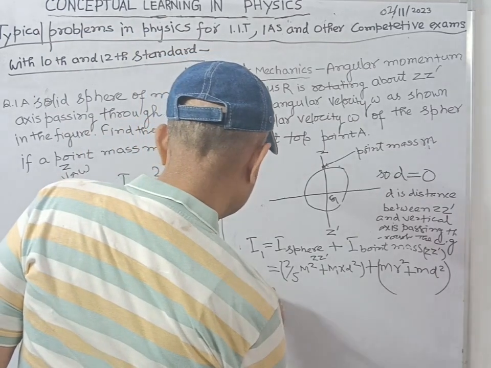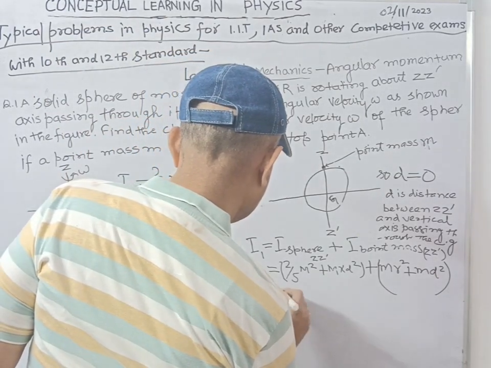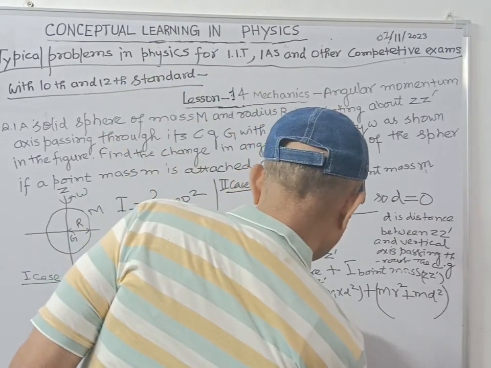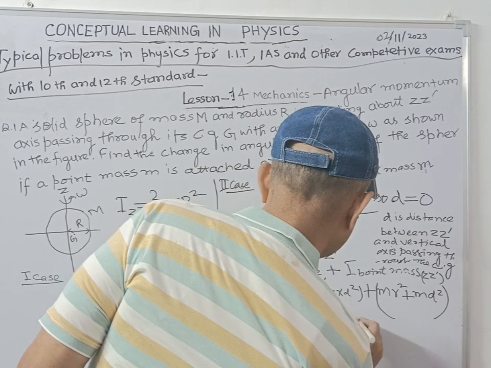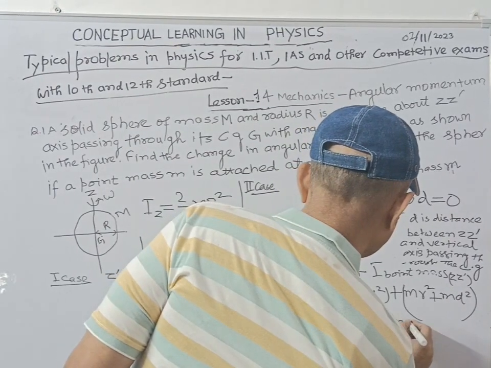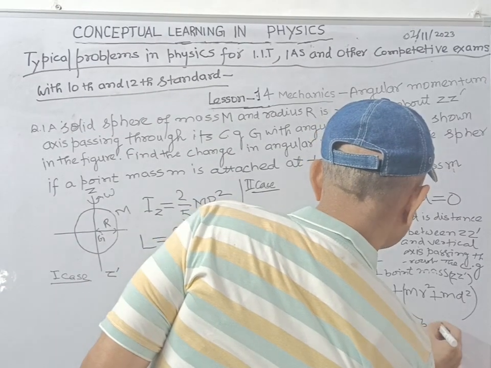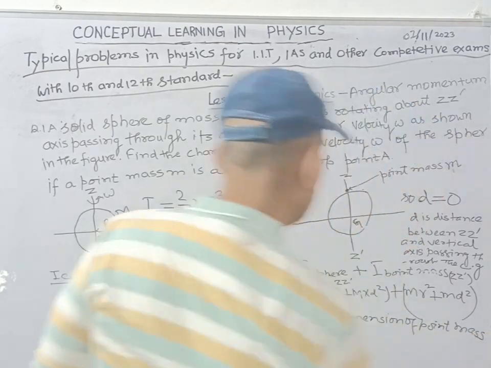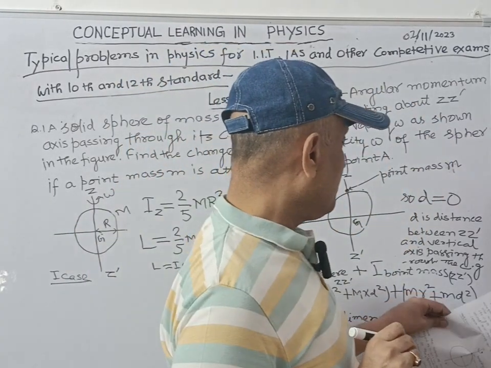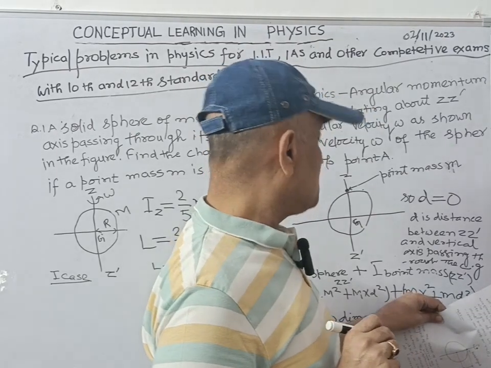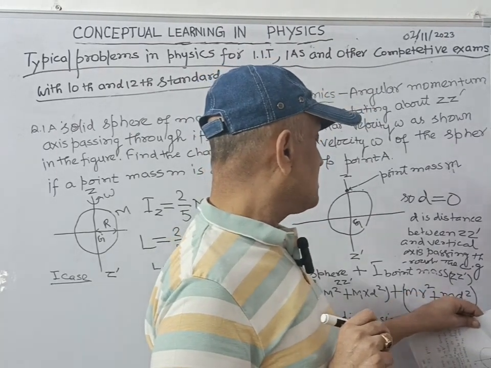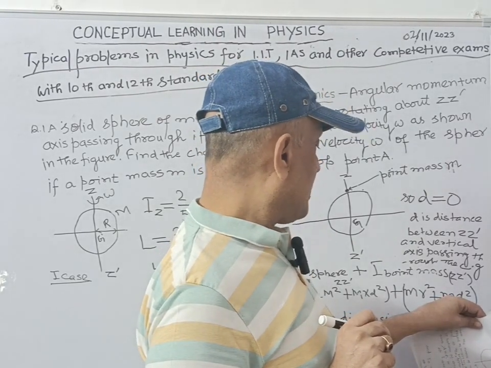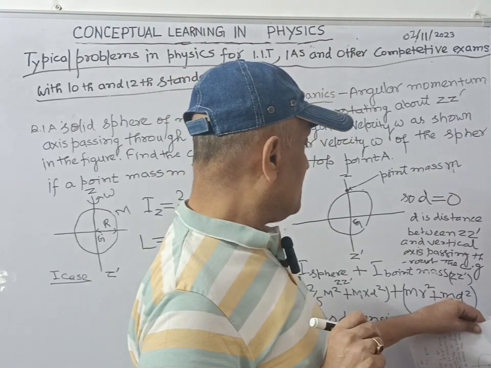Since r equals 0, the dimension of the point mass, the moment of inertia of the point mass about its axis will be 0, and the distance between the vertical through its centroid and the z' axis, d, is also 0.